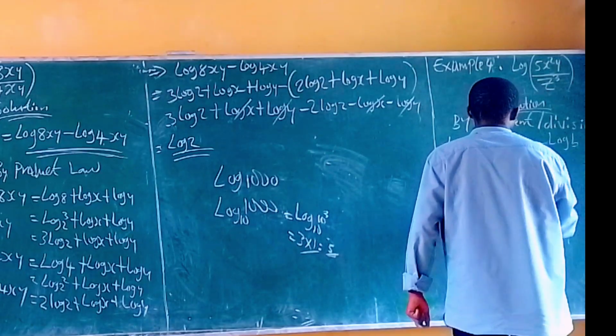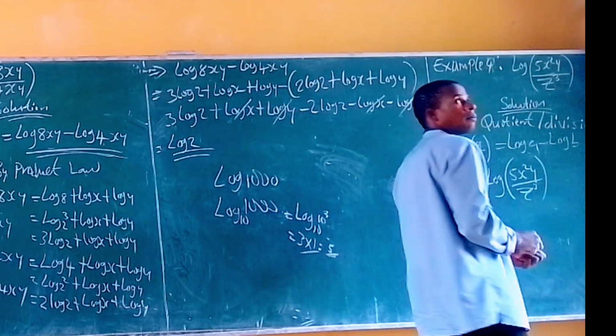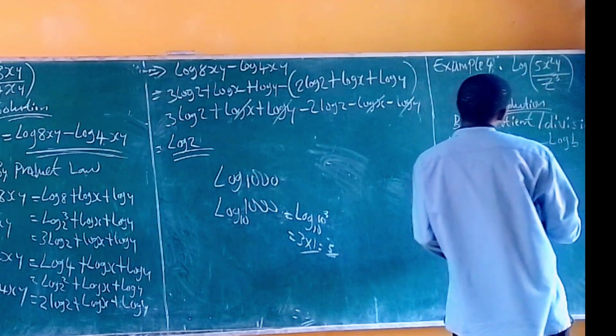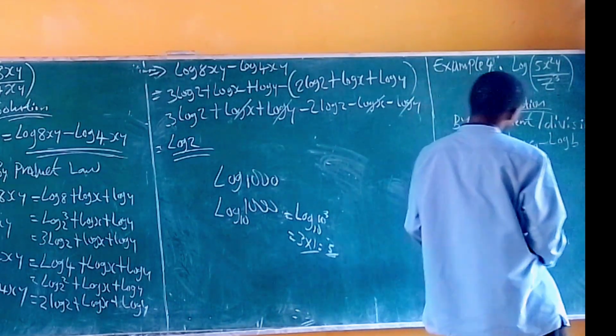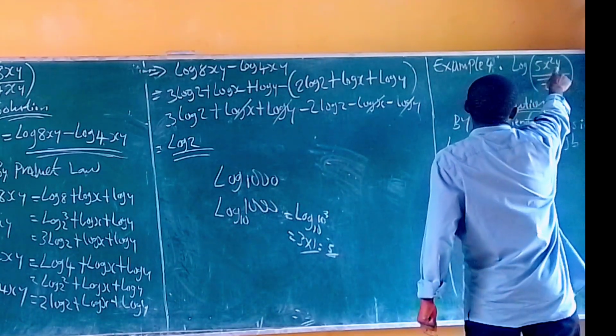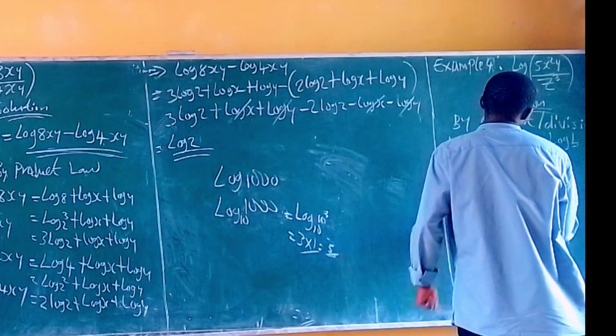Is that x squared? Where? Oh, x squared y, not 4. 5x squared y. What about the down one? That's it, z here. Now you have z cubed.